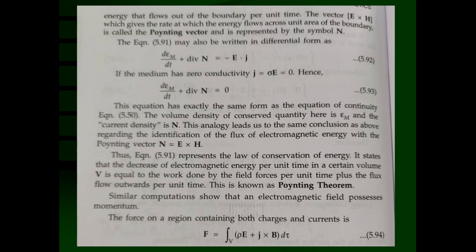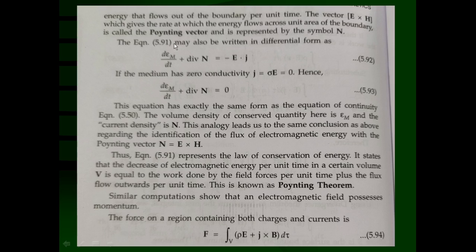So now E cross H, which has the dimension of energy coming out through unit area of the cross section every second, is energy flux, and we designate it as the Poynting vector N. So N is equal to E cross H. It gives the rate at which the energy flows across unit area of the boundary, and is represented by the symbol vector N.